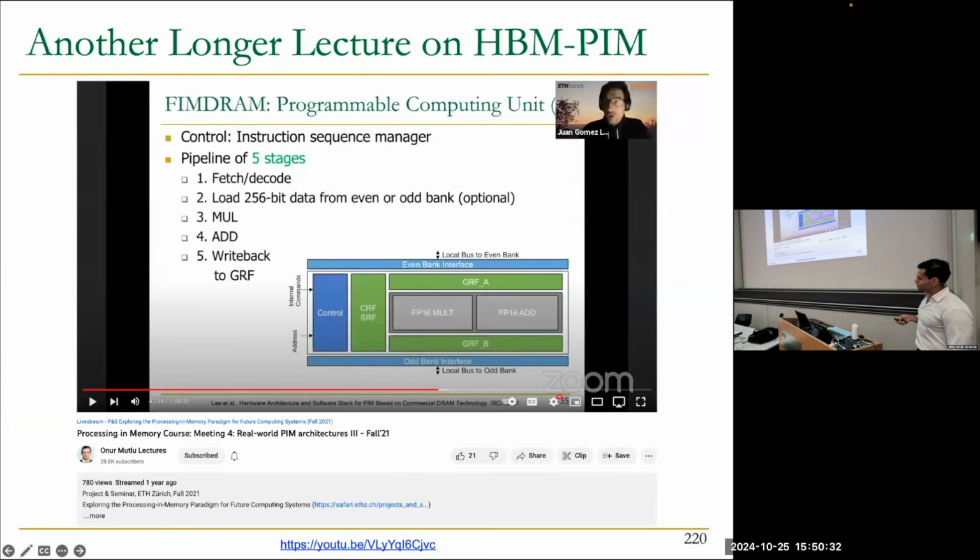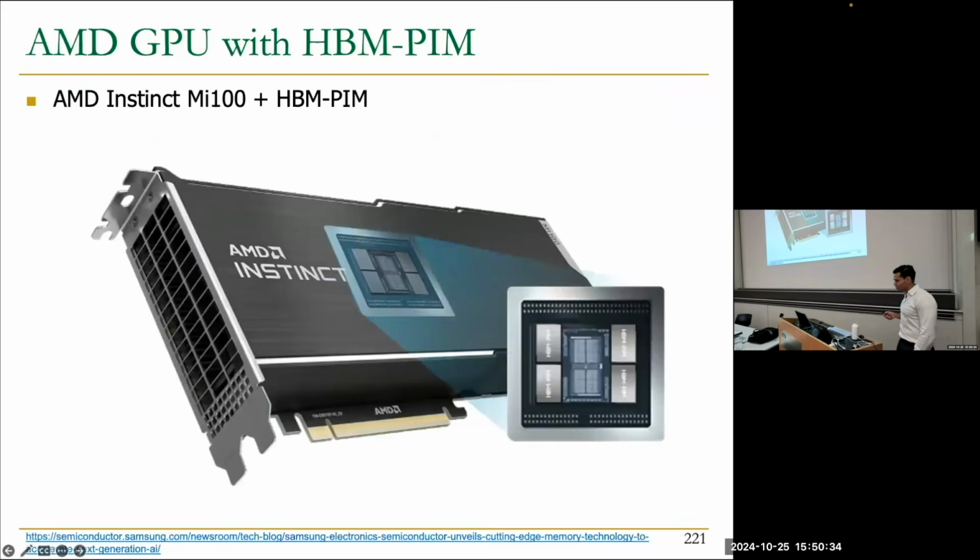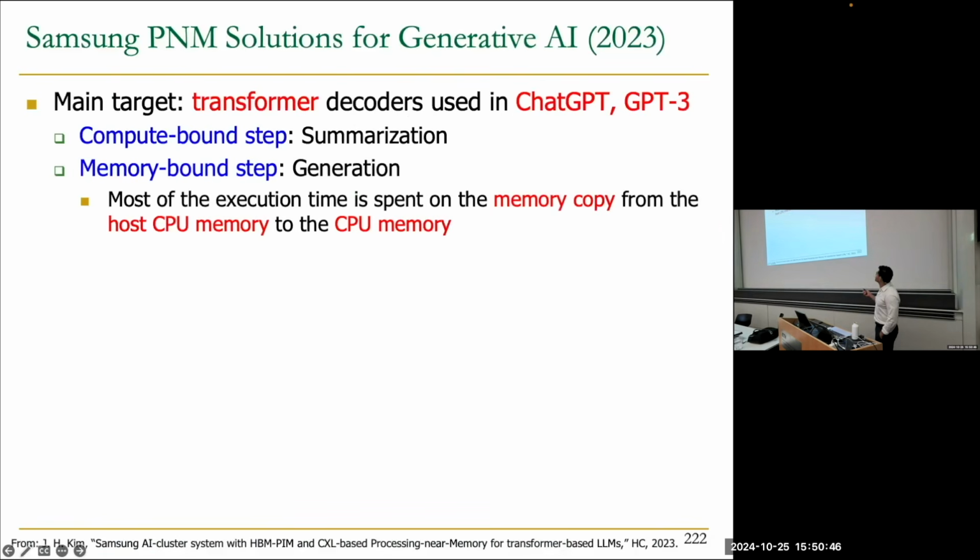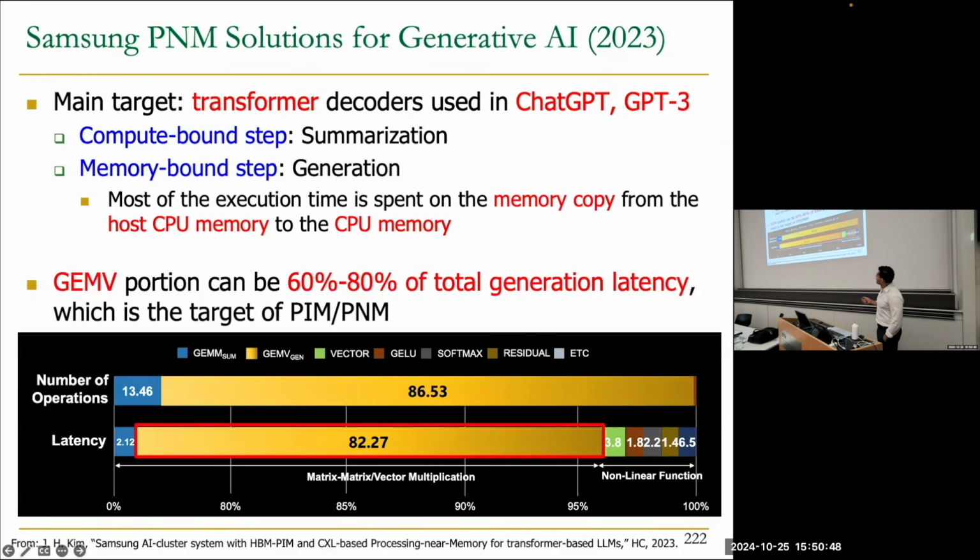If you are interested in this architecture, we have more lectures on those. As I mentioned, they keep prototyping other architectures that build on top of this FIMDRAM architecture. In 2023, they came up with this other architecture targeting specifically transformers.